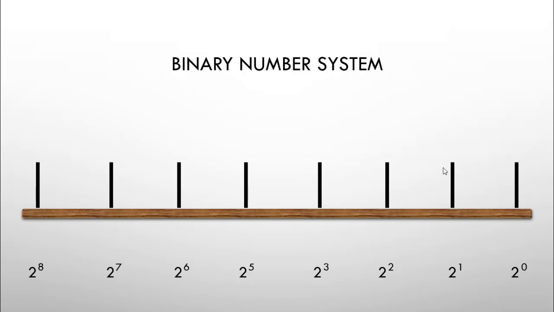So 2 to the power 0, 2 to the power 1, 2 to the power 2, and it will go on until 2 to the power 7. And for each of these, we have values 1, 2, 4, 8, 16, 32, 64, and 128. It is better to remember these numbers because in binary conversions, we will mostly be using this number line.